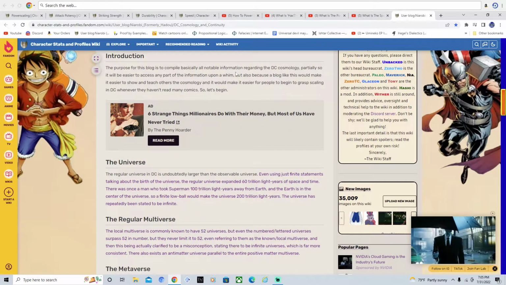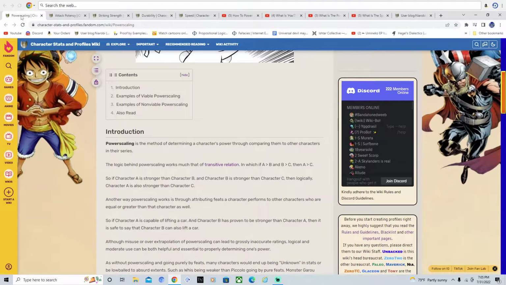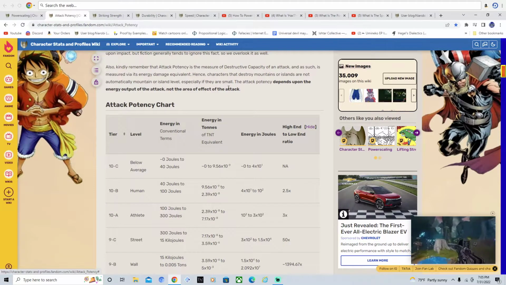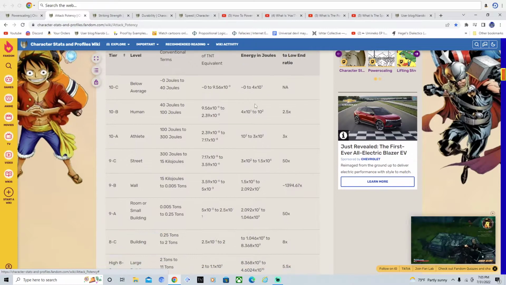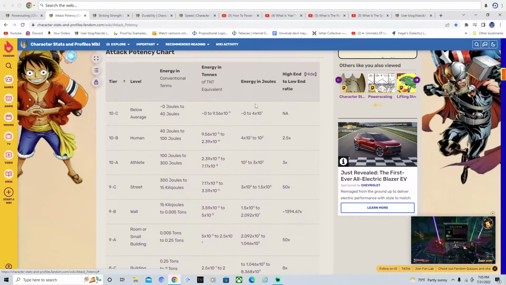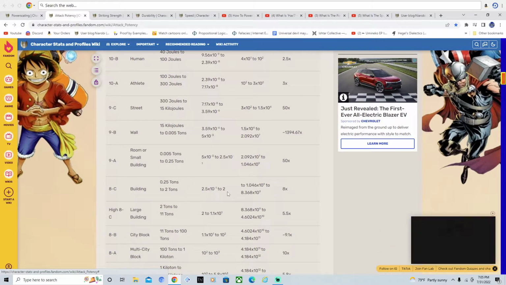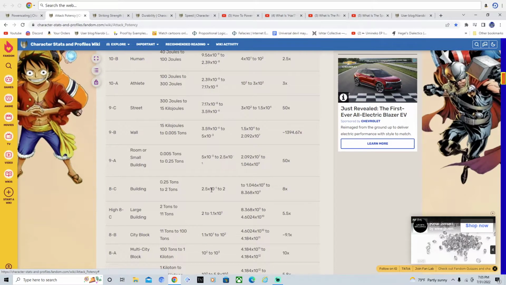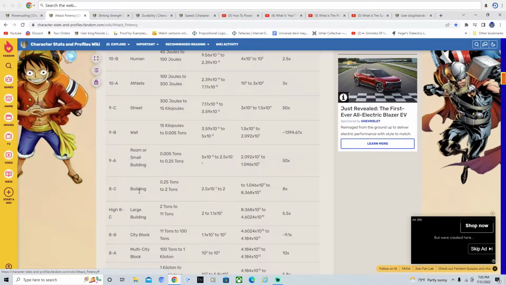Let me get into versions of power scaling here. First off, you have attack potency. Attack potency is the literal metric itself, the literal value itself. If you're able to destroy 2 tons, or output 2 tons of energy, you're a building level character.